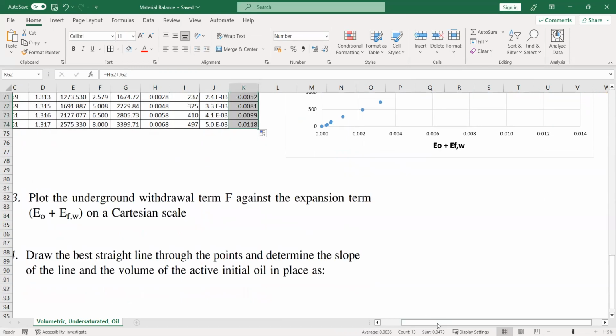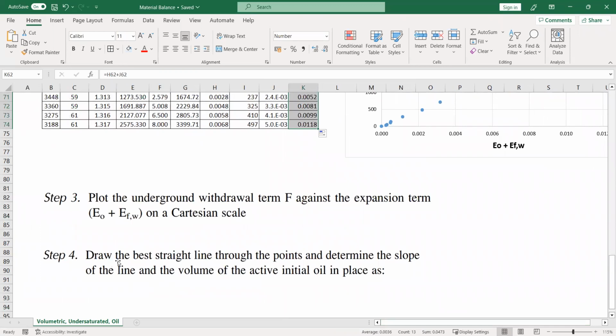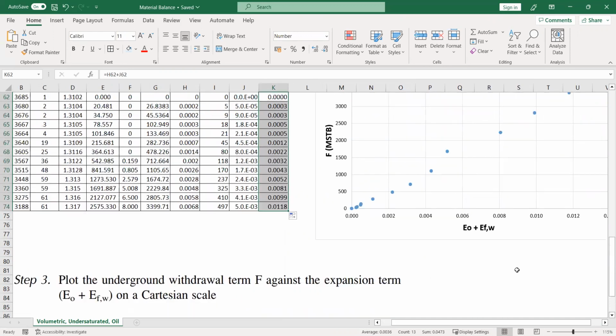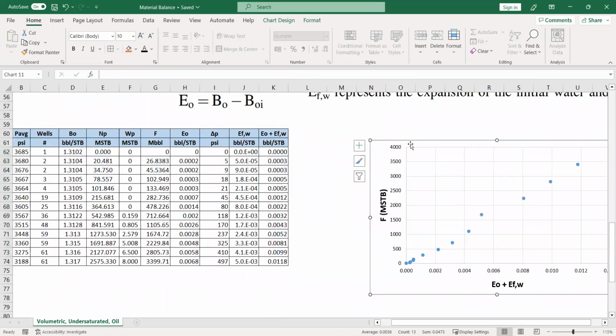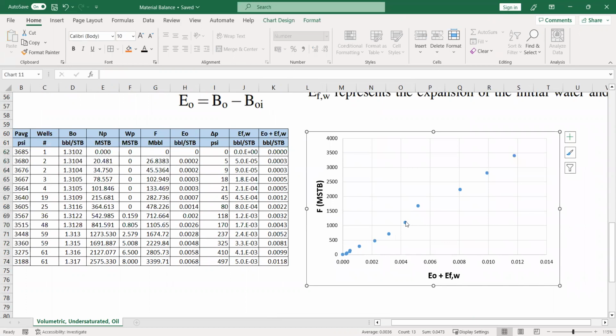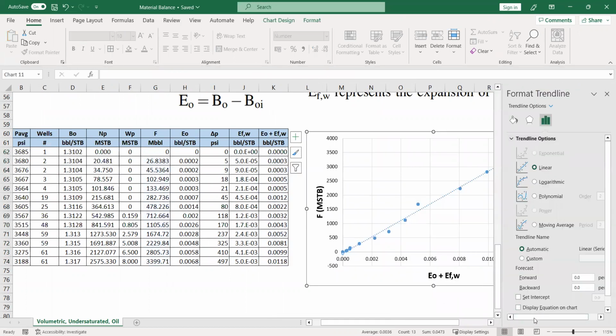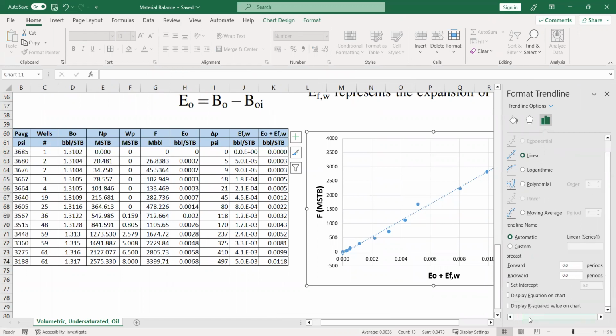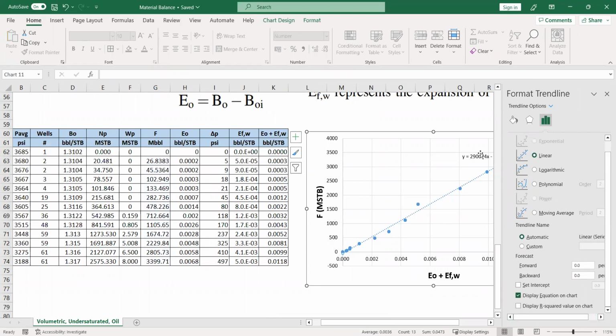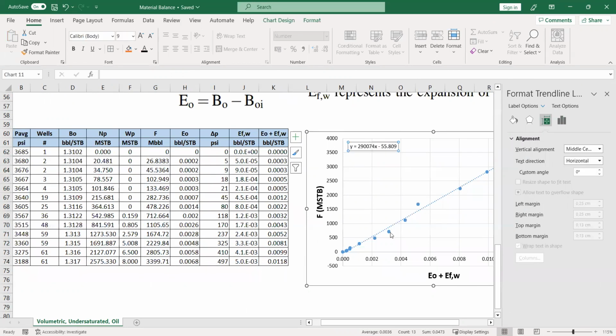And then lastly, step 4, draw the best straight line through the points and determine the slope of the line and the volume of the active initial oil in place. Okay, so maybe I can squeeze it a little bit and then right click, add trend line, and we use linear and then also display equation on chart.